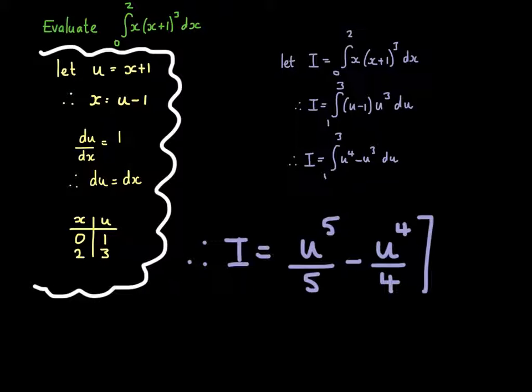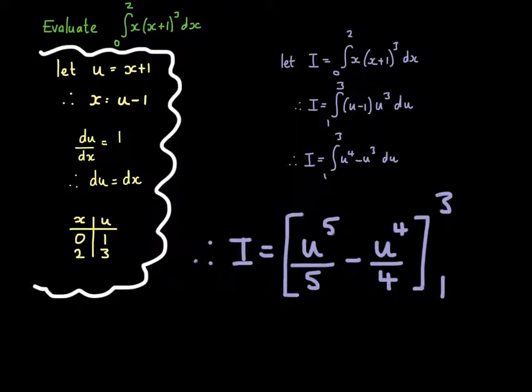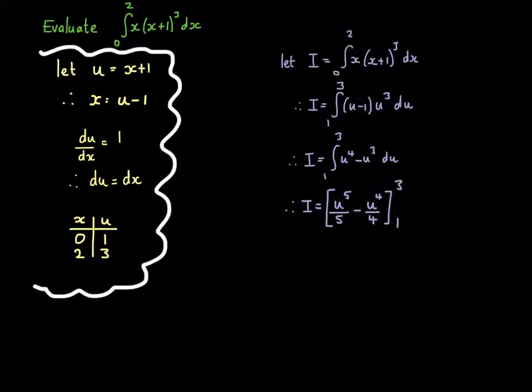Because it's definite integration, we don't need the plus c, we just need our square brackets, 3 and 1. Like I said, we don't need plus c this time, that's for indefinite integration, which all the other examples have been about, so don't put that in there. Again, the 3 and the 1 are u values, so there's no need to change these back into x's and make it more complicated.